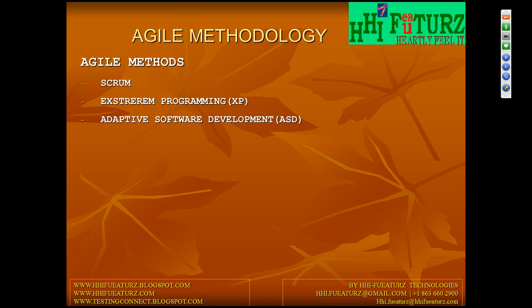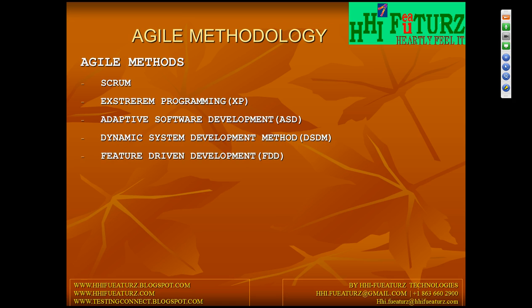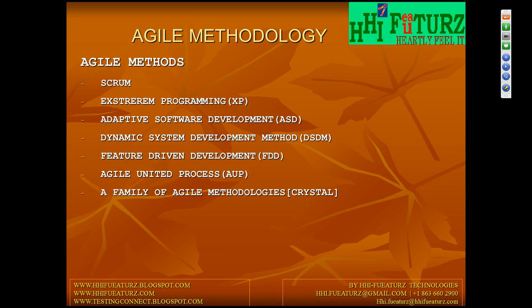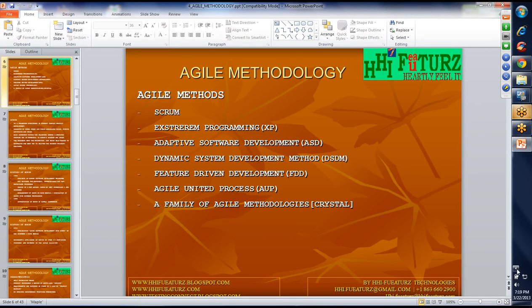In agile methodology you will come across many methodologies: scrum, extreme programming, adaptive software development, dynamic systems development method, feature driven development, agile unified process, and a family of agile methodologies like crystal. But remember, of all these methodologies, agile scrum is the famous one.